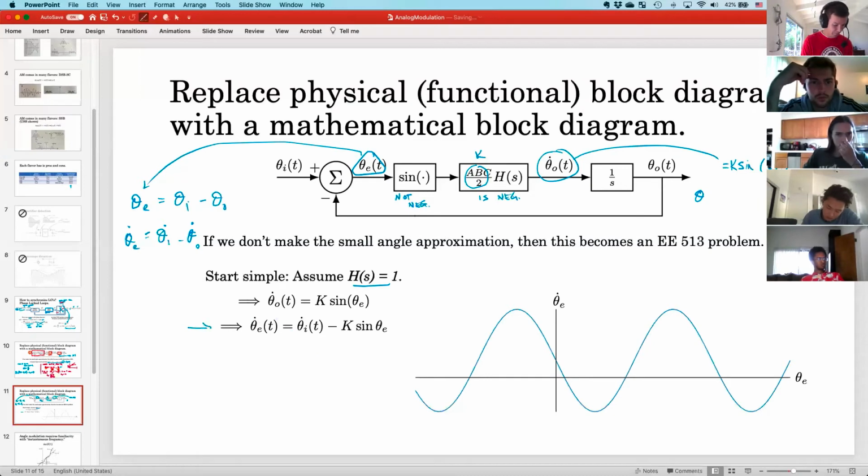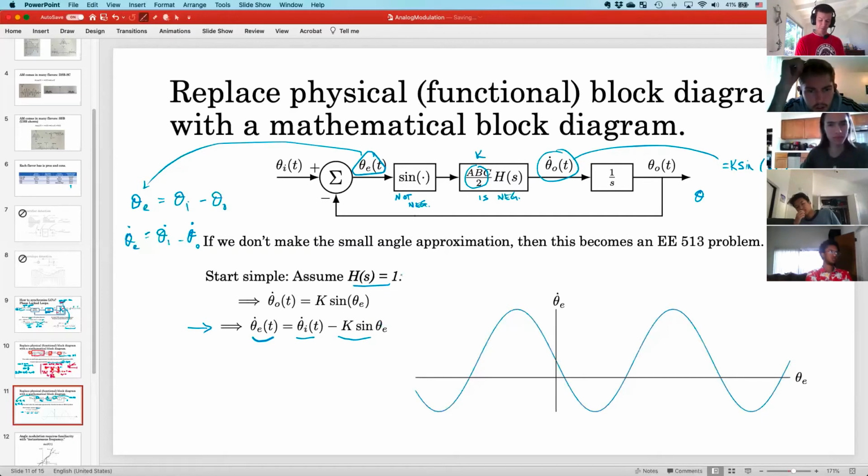So I'm looking here now. What we have here is an expression for a dependent variable as an offset and a sinusoid, which is a function of theta E. So if theta I dot is a constant, then I can express theta E dot versus theta E like the graph here on the right.